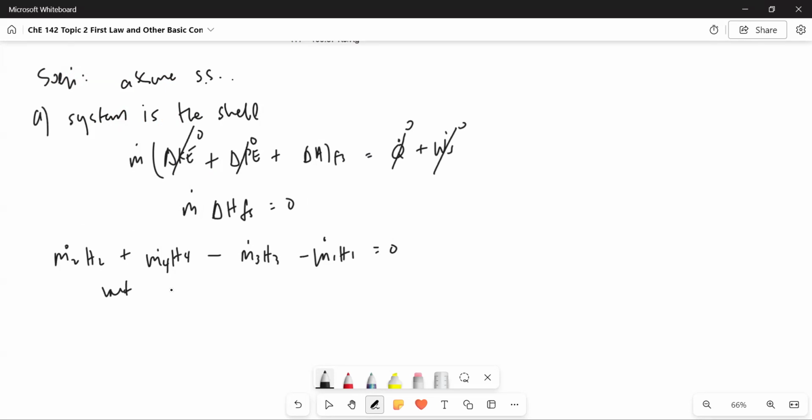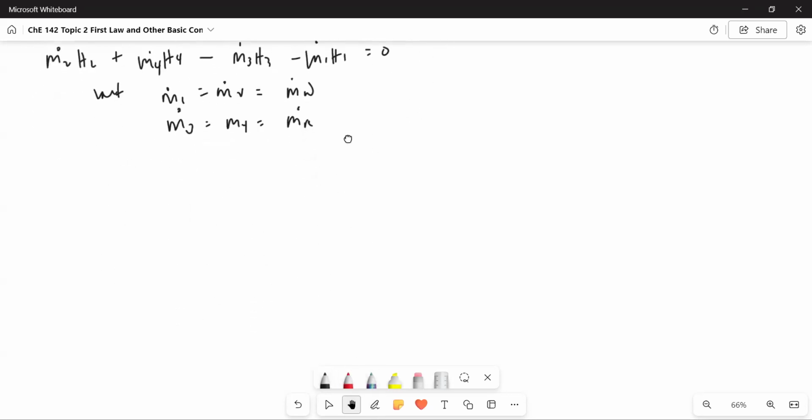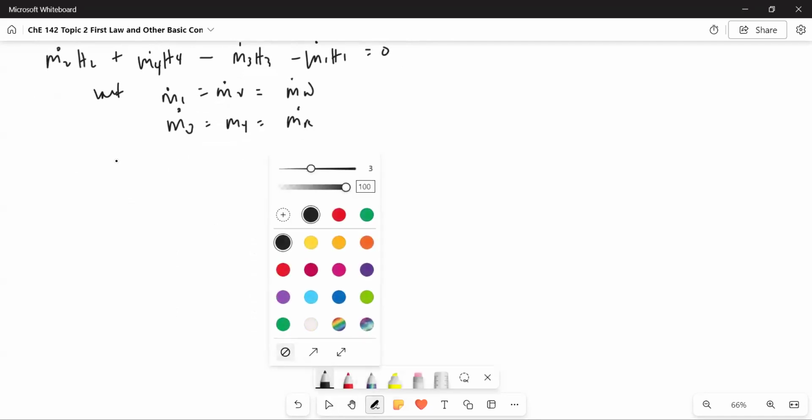But for the water, the inlet and outlet flow rates are just the same, so let's call that M dot W. And for the refrigerant, M3 equal to M4, let's call that M sub R for refrigerant. Next, we substitute MW and MR into the equation.